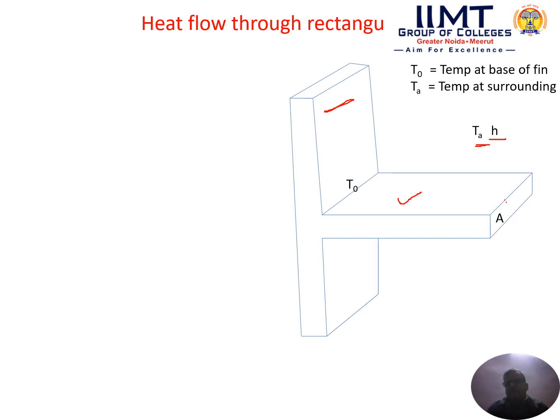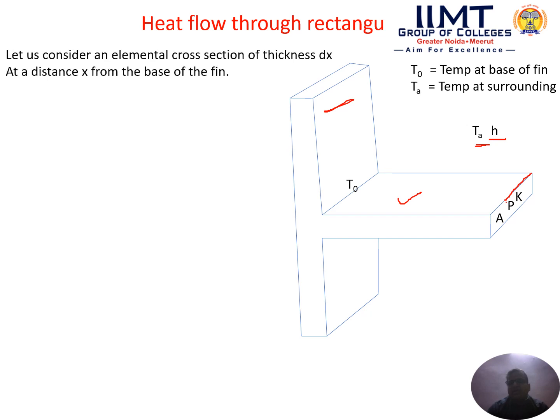That means this is the cross sectional area. This will be the K, that is the thermal conductivity of the fin material, and that is the perimeter of the fin.